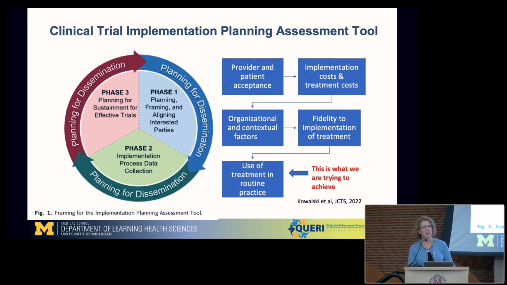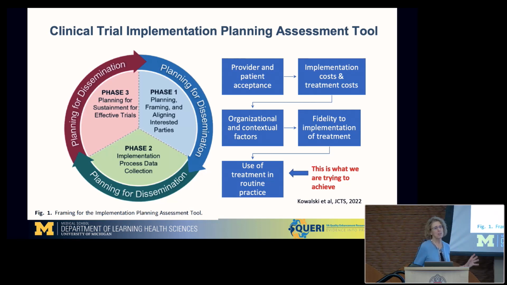That included understanding if providers and patients accepted the treatment, understanding the implementation costs of the treatment, understanding to what extent organizational contextual factors across different VA sites were effective in implementing a treatment, the fidelity to the implementation, and then the use of the treatment in routine practice. And that's where essentially we wanted to get to.